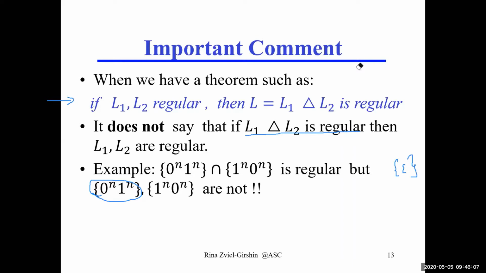And if I receive an input word that has n plus 1 zeros or n plus 10 zeros, I already can't count. So I can't compare the number of zeros that I saw to the number of ones that I will see. So this language is not a regular language.